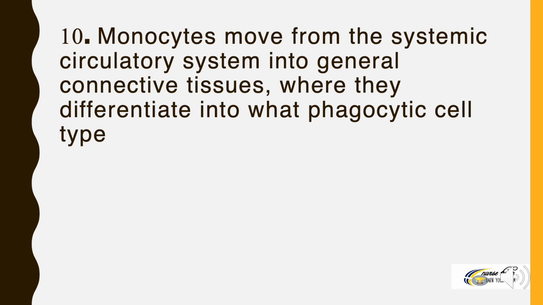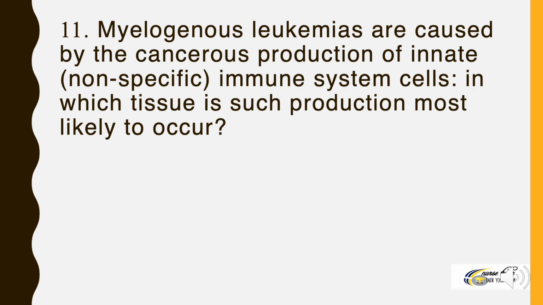Monocytes move from the systemic circulatory system into general connective tissues where they differentiate into what type of phagocytic cell? As macrophages. Myelogenous leukemias are caused by the cancer's production of innate immune system cells.